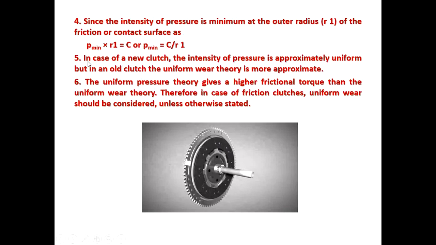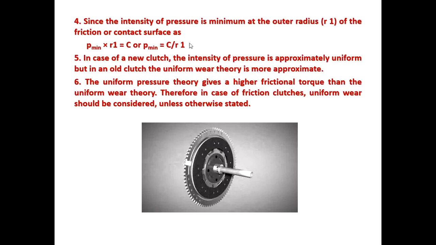Another point is, in case of new clutches the intensity of the pressure is approximately uniform, but in old clutches the uniform wear theory is more appropriate. So it depends on how the clutches are utilized. In general, for new clutches the uniform pressure theory is applicable, and for old clutches the uniform wear theory is more appropriate. Next, the uniform pressure theory gives a higher frictional torque than the uniform wear theory.